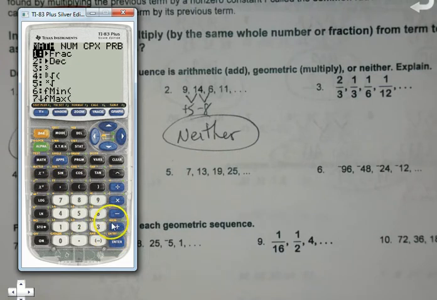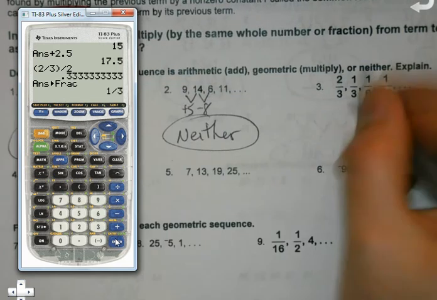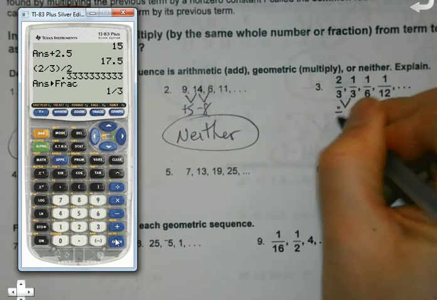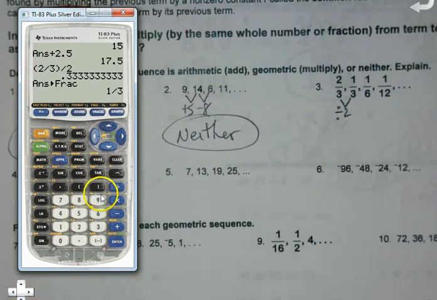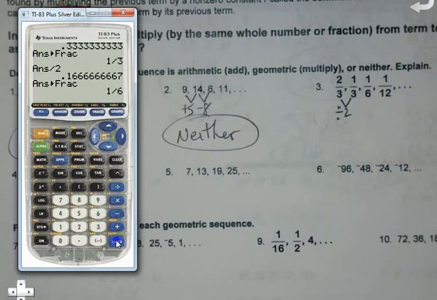Math, enter. Okay. Divide by 2. Let's try this. What if I divide the next one by 2? Okay, it's a decimal, but let's see if I can get it into a fraction with math, enter.